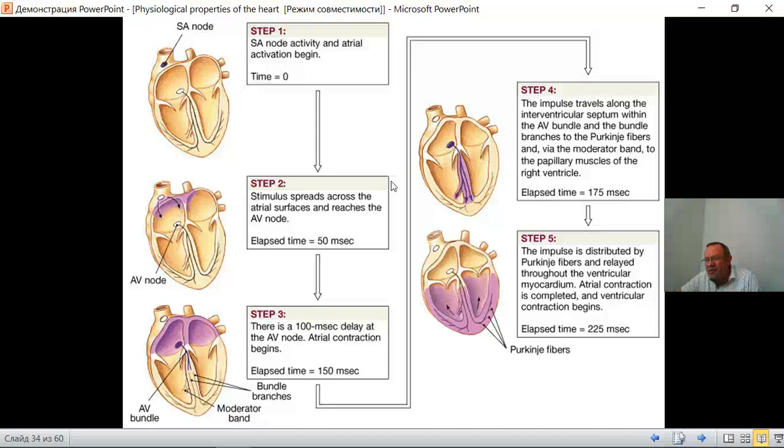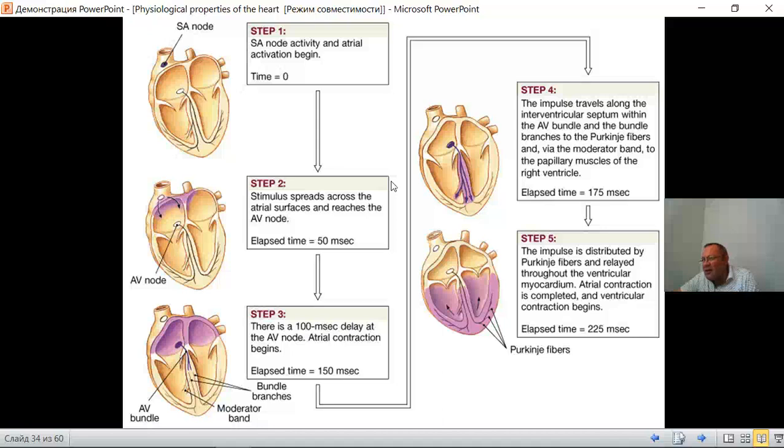Elapsed time equals 50 milliseconds. Step number 3: there is a 100 millisecond delay at the AV node. Atrial contraction begins. Elapsed time equals 150 milliseconds.